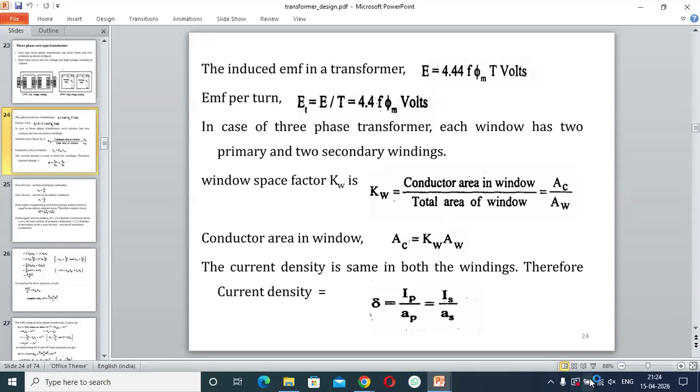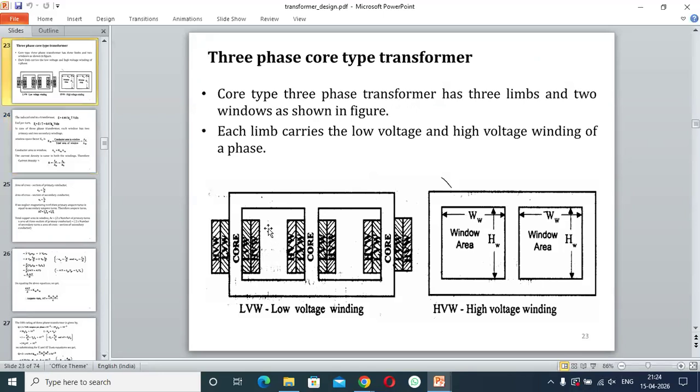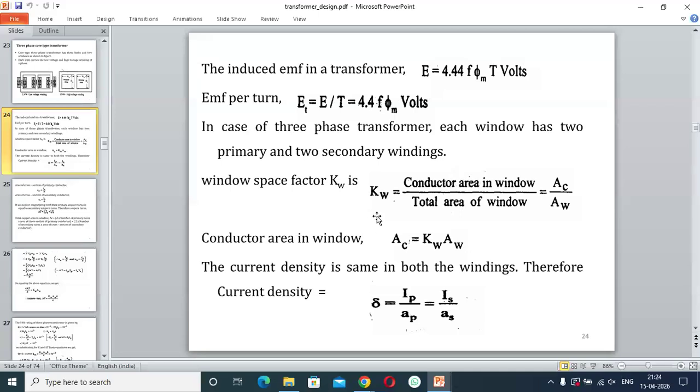But here, if you talk about this window, we have one low voltage and a second low voltage, similarly one high voltage and a second high voltage, and this window will also have the same. So now our job has become a little bit tedious. Now we will have some difficulty in finding the total area and the number of turns. That's the most important thing.